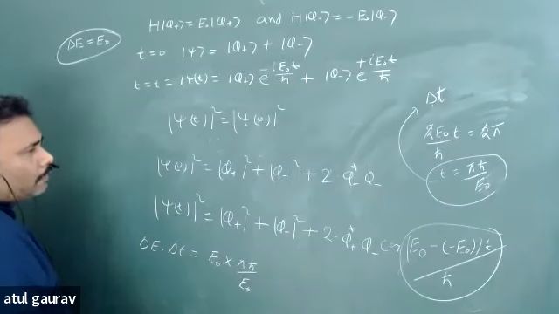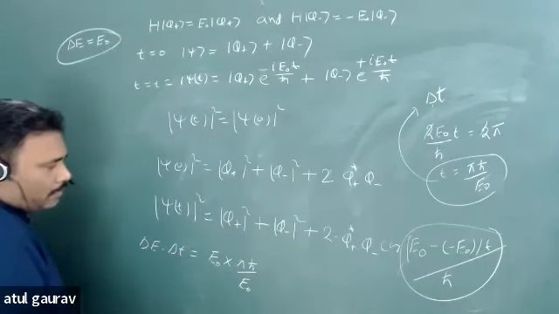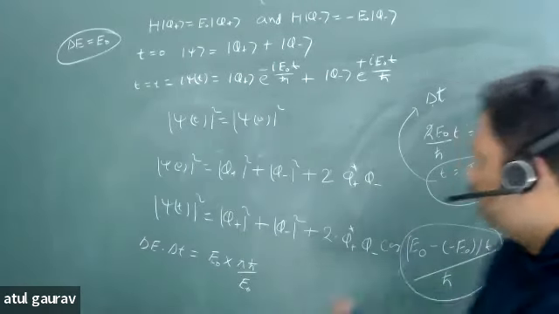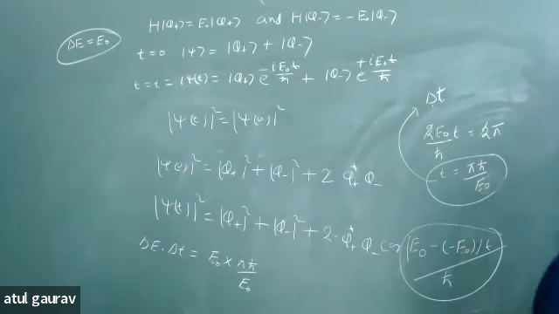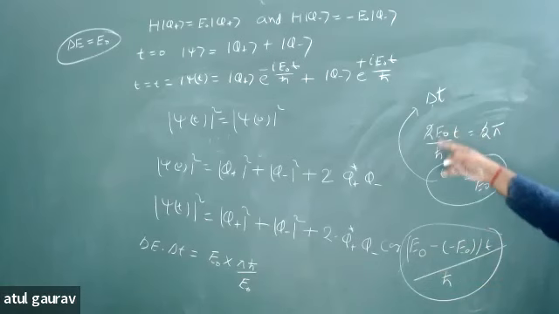The uncertainty in measurement should be 2 pi h cut, right? Delta t. This is your delta t. Sir, you calculated this delta t.